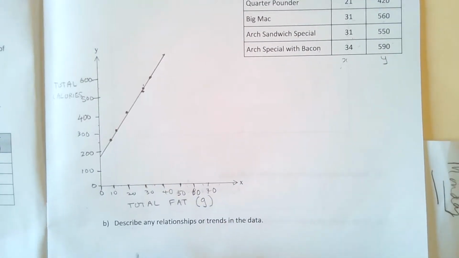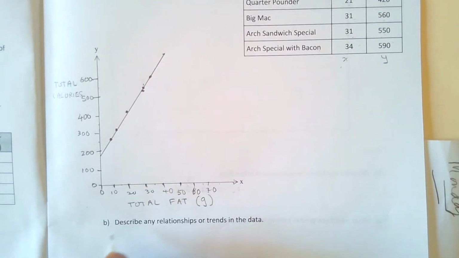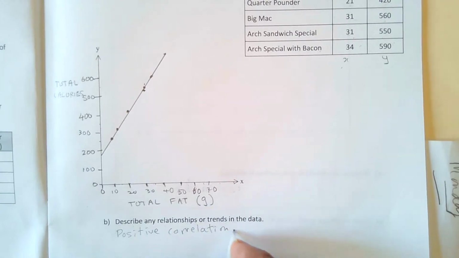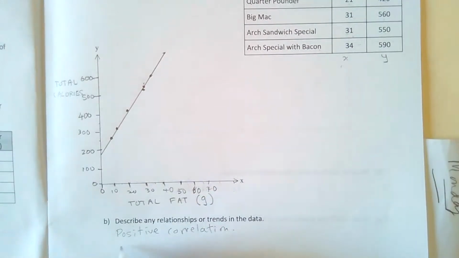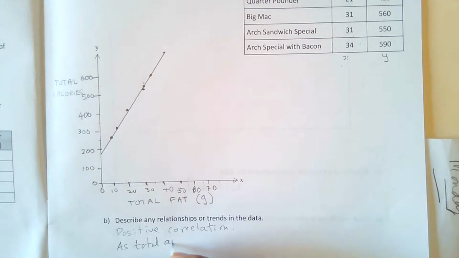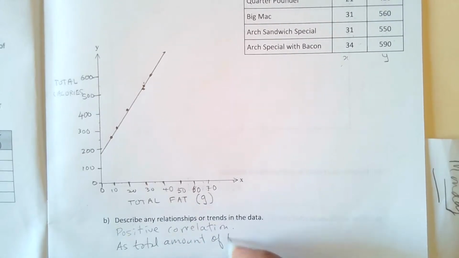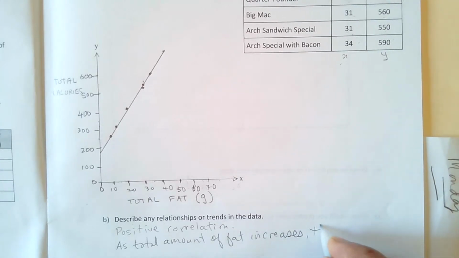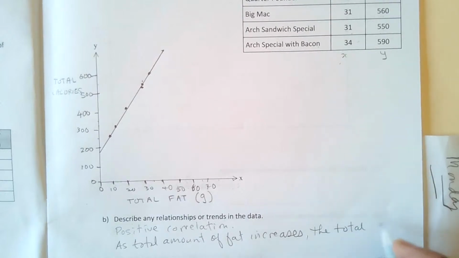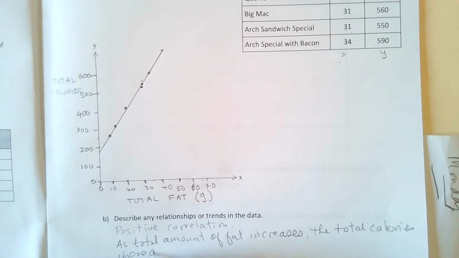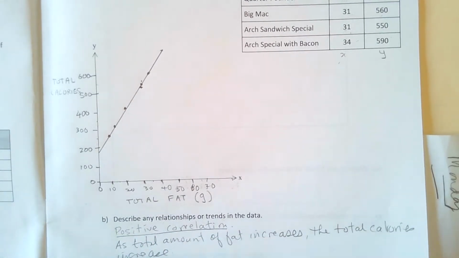So we can conclude here, this is a positive correlation, because as the amount of fat increases, the total calories increases. So that's a positive correlation. That's what that means.